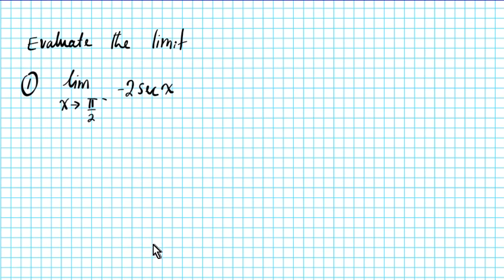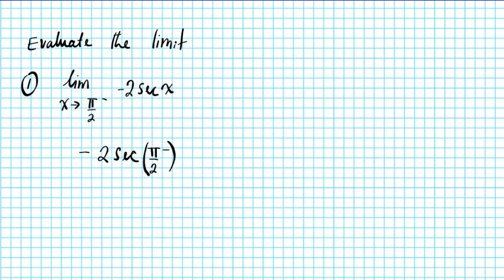So let's say you want to find that limit. So what we're going to do is substitute. We're going to be plugging in pi over 2 into that x position right there. So let's go ahead and carry out the substitution. This becomes negative 2 secant of pi over 2 from the left.